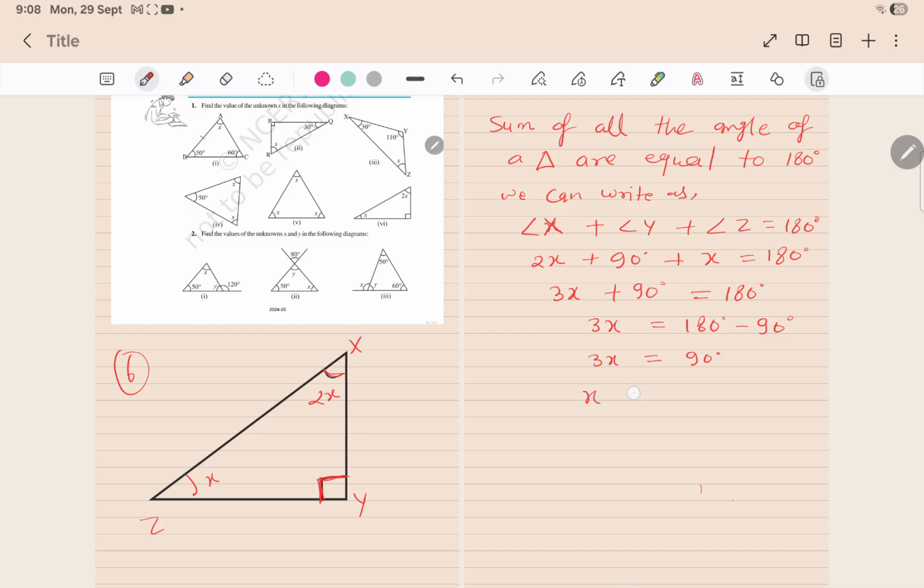So x equals 90 divided by 3, and 90 divided by 3 equals 30 degrees. So x equals 30 degrees. This is our sixth question answer.